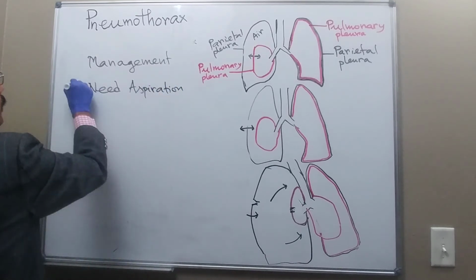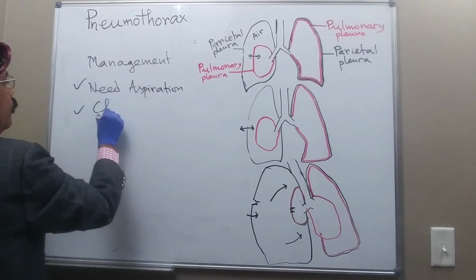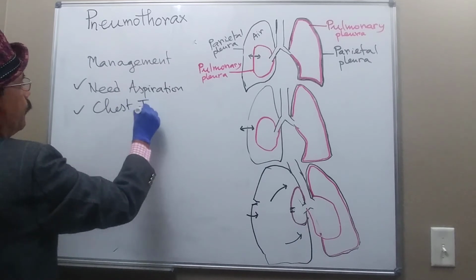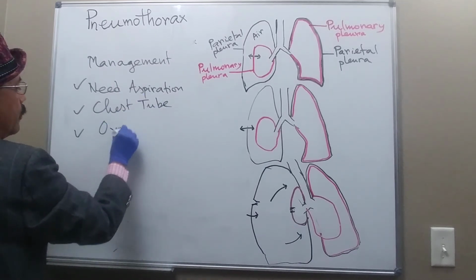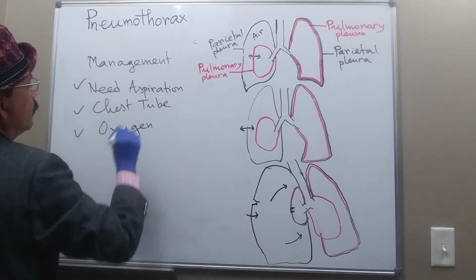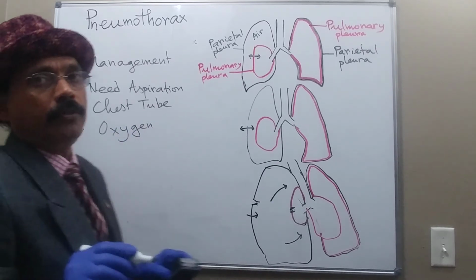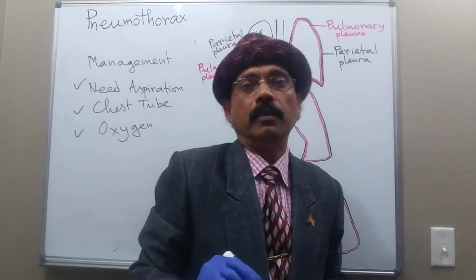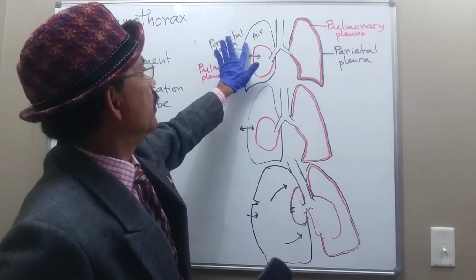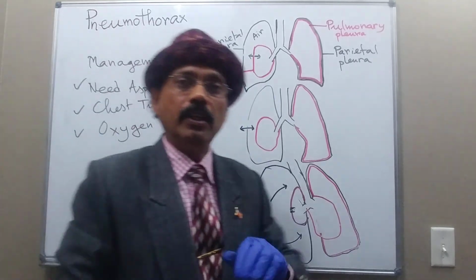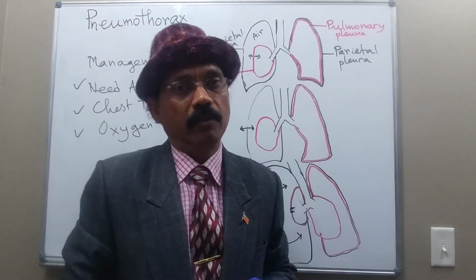Then we'll put in the chest tube, and we'll give oxygen to the patient. In most cases, if it is only 10% or 20%, it may come back spontaneously.